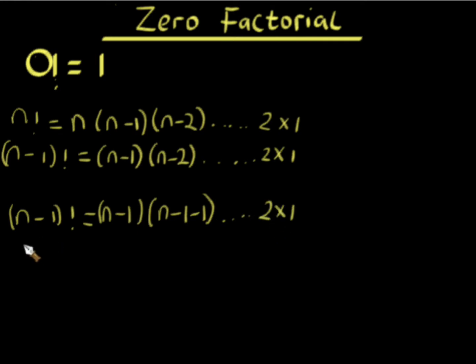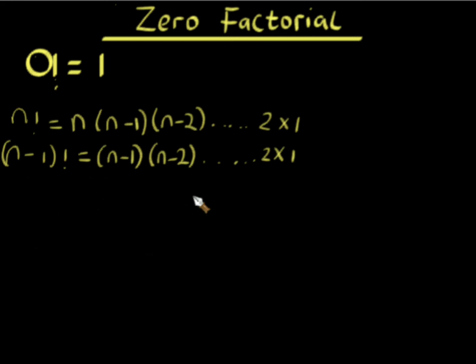And this whole piece gives us that n minus 1 factorial is n minus 1 multiplied by n minus 2 down till you get to 2 times 1. This is how we derived n minus 1 factorial, right? Moving on, let me take that off, then we'll continue.